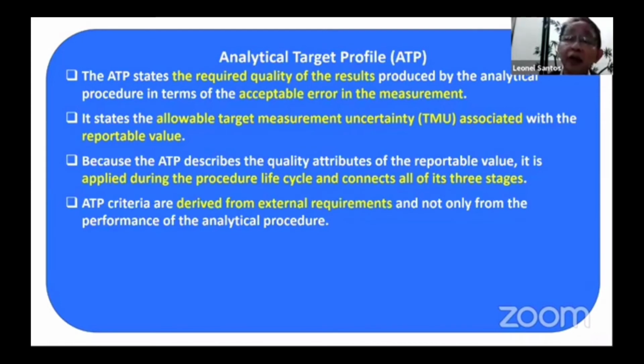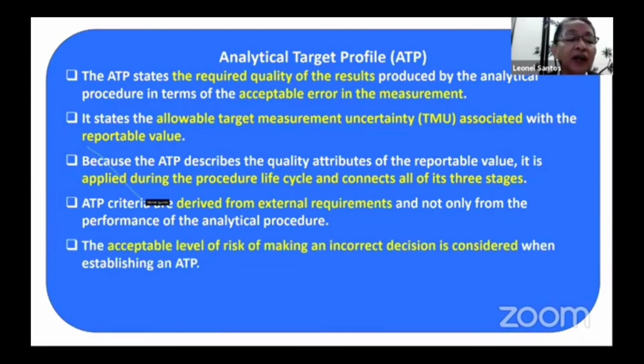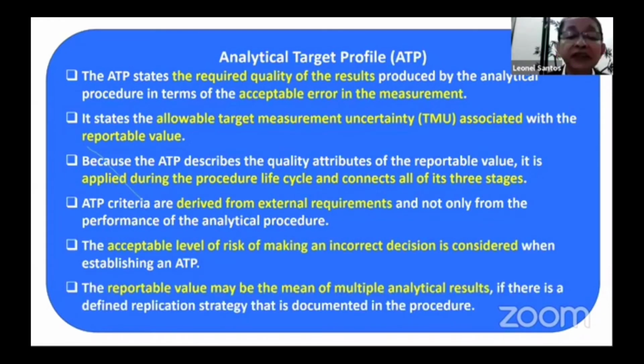The external requirements, as when we discussed verification, are focused on the method and the sample. Those 2 things, method and sample. The acceptable level of risk in making an incorrect decision is considered when establishing the ATP, which means you need to have some level of understanding of statistics.